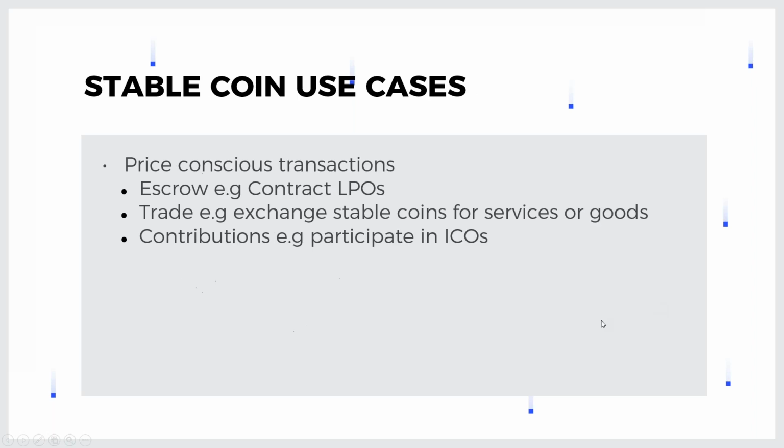And then another use case is basically the contributions, which is the most popular. You have the ICOs here and there. You have some types of IPOs that are saying they are IPOs, but you still pay with your crypto and stuff like that. So a lot of the ICOs are pegged to the dollar, right?